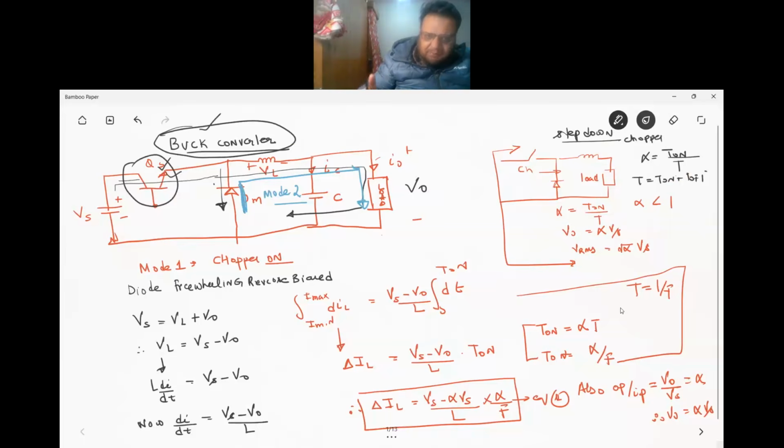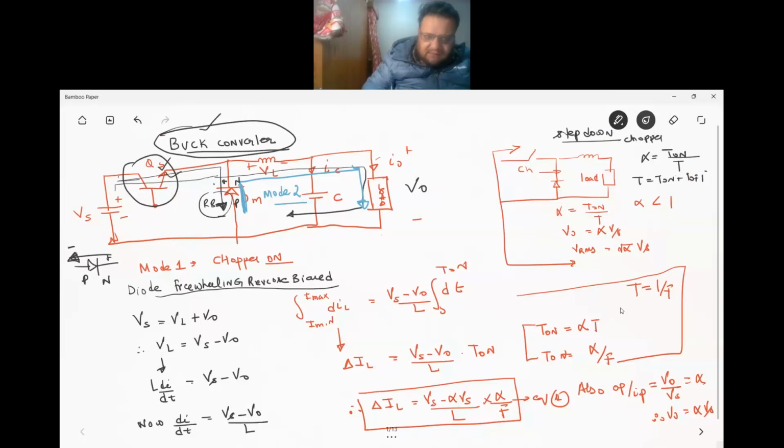How does it operate? Now there are two modes of operation. One is when this freewheeling diode is reverse biased. If the current is moving in this direction, in a diode, this is your P and this is your N. If the positive part is getting connected to N and the arrow to P, then it is reverse biased, which is resembled by an open circuit.